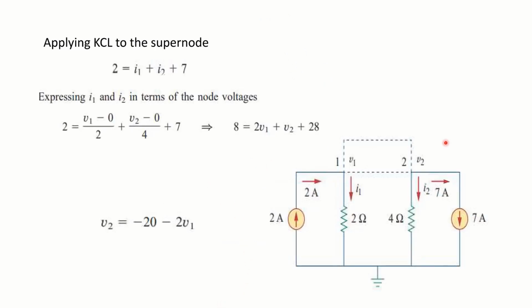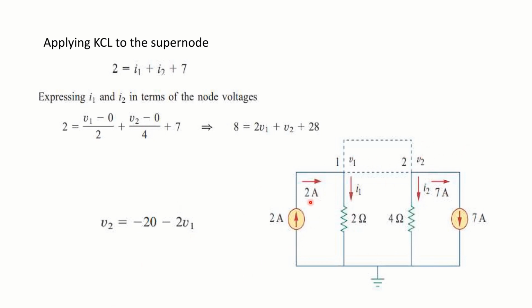Step 2 was to apply KCL. In normal circumstances, we would apply KCL at node 1 and KCL at node 2. But as this is a supernode, we will consider it as a single node and apply KCL on this single node.